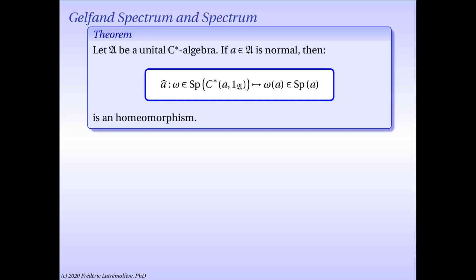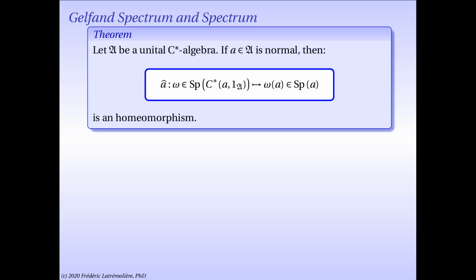And what our theorem asserts is that there is a map which to any character omega of the C-star algebra generated by A and the unit, associates the value omega of A, which will be in the spectrum of A, and that this map is in fact a homeomorphism.